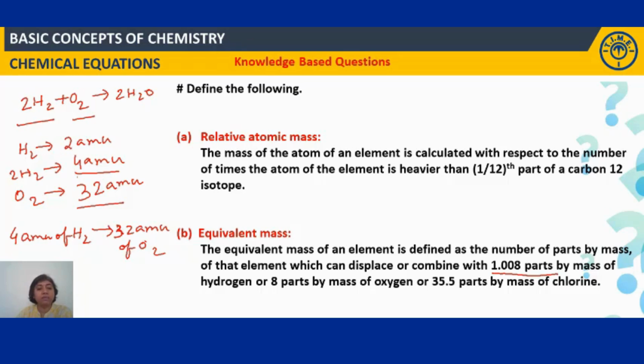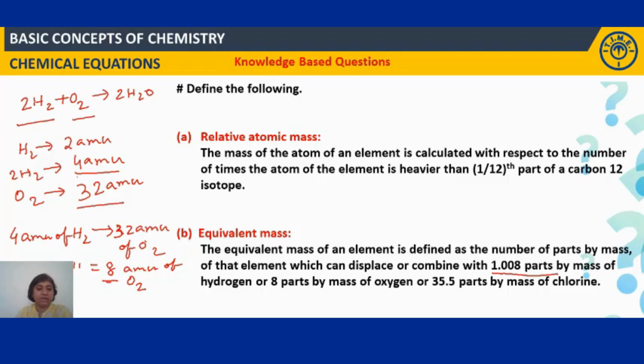So 1 AMU of hydrogen, since we are considering 1.008 parts as 1 part, will combine with 32 by 4, that is 8 AMU of oxygen. That means the equivalent mass of oxygen is 8. So 8 AMU of oxygen combines with 1 AMU of hydrogen. So the equivalent mass of oxygen is 8. So that is the part about combining.